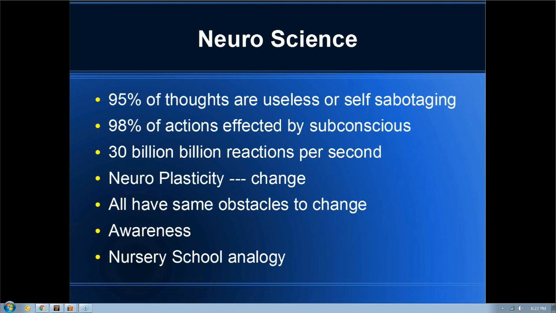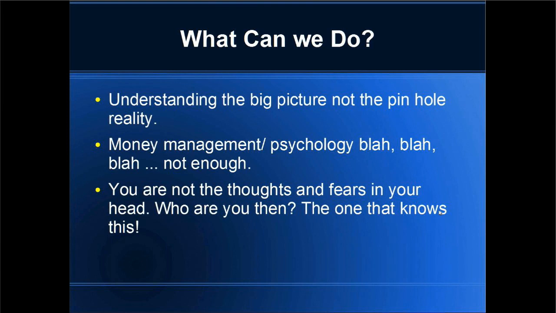Now I'm going to give you a couple of actual practical things that you can do that are based on neuroscience to help you change, or the way they say it in science is neuroplasticity, which means your brain can change. It can carve new neural pathways, and it can actually use the old neural pathways to send the new message.